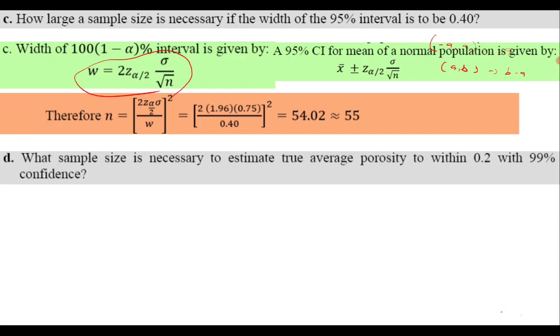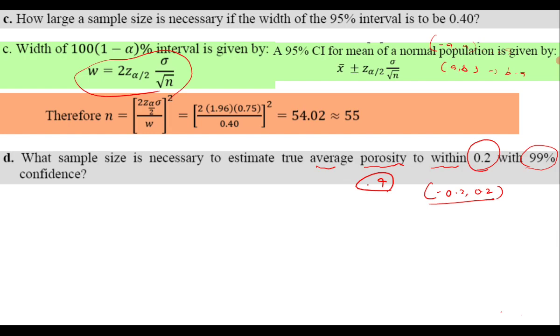A similar question is there where again it says that the average porosity is within this range, which means your interval is minus 0.2 to 0.2, which means the width is 0.4. Now using the same formula, the only difference is that now it is a 99% confidence interval.